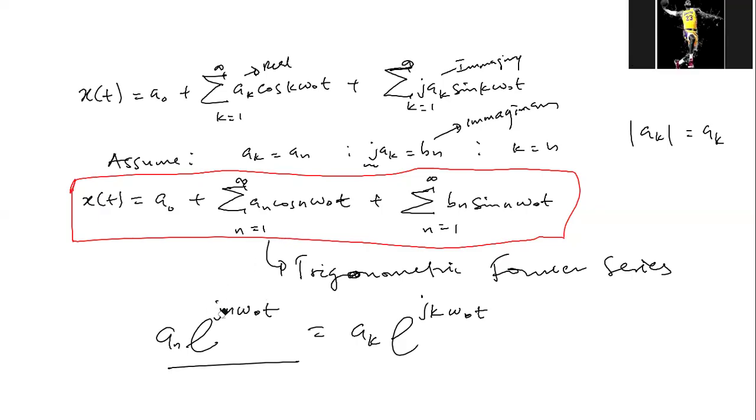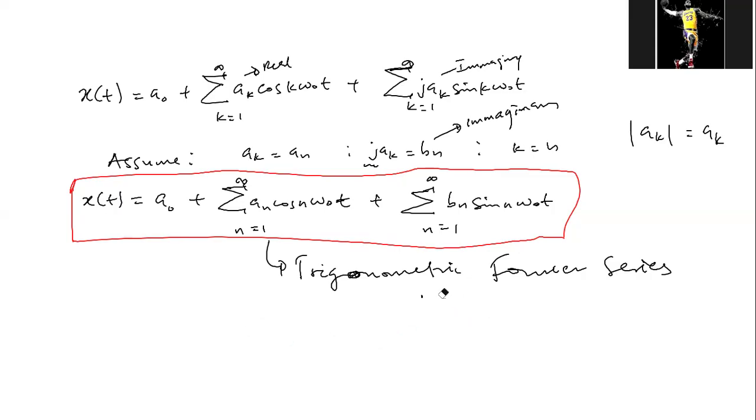Yes, sir. When you resolve the Fourier series in non-canonical form into the first, second, and third harmonics and everything, we shortened or compressed it into A naught plus summation A sub k e^(j k omega naught t).